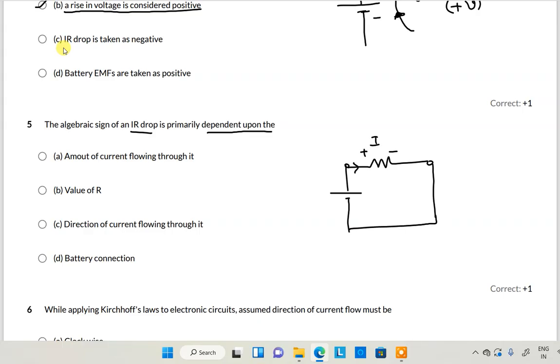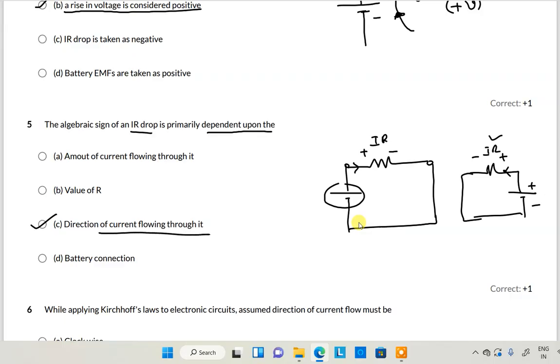Plus and minus, I into R. For example, if the current is connected the other way, I will connect plus and minus like that. What is the current direction here? That means this IR drop depends upon the direction of current, the direction of current flowing through it. That means the sign convention of IR drops is based on what? Direction of current. All of you following?